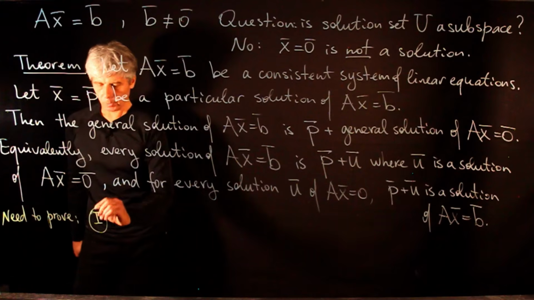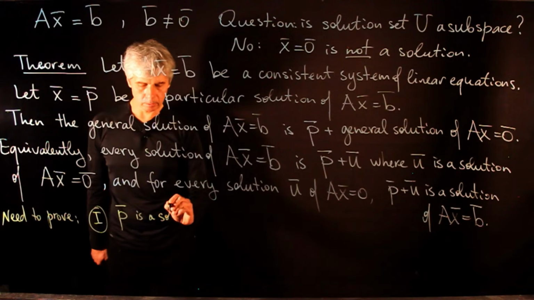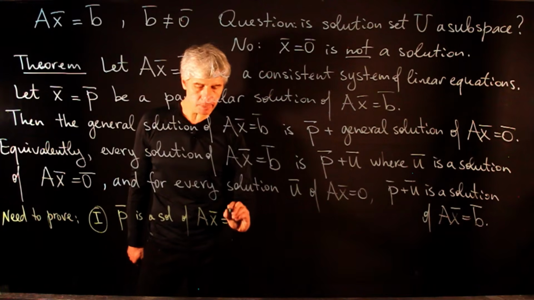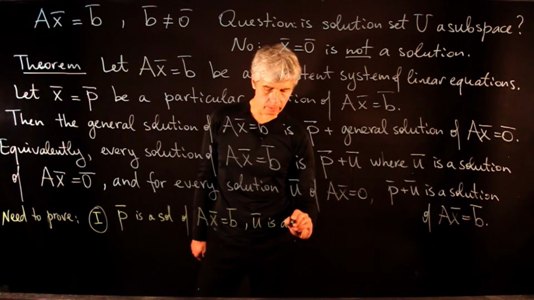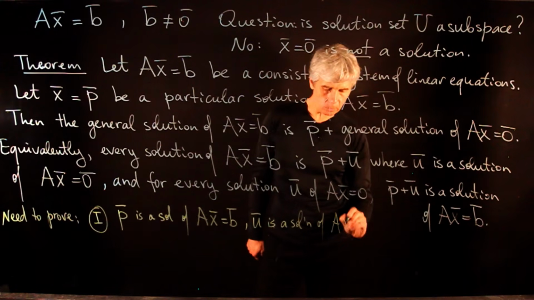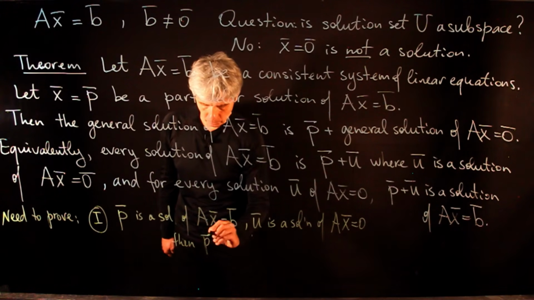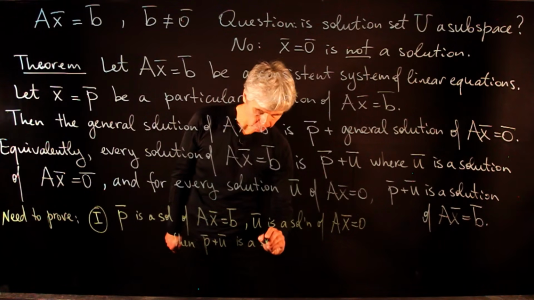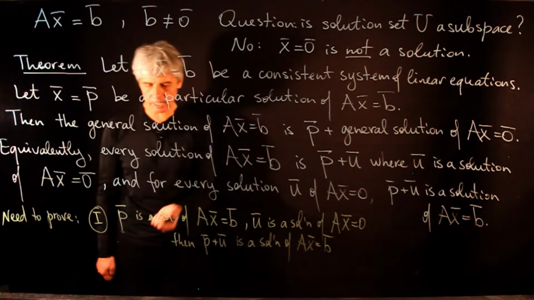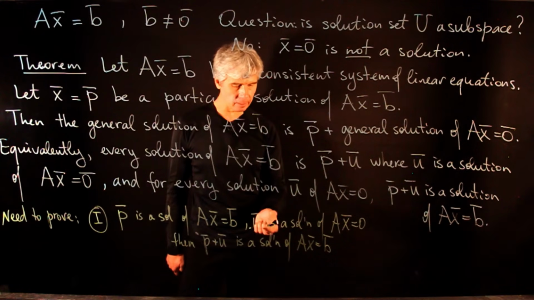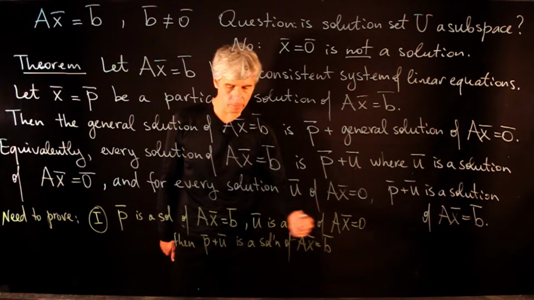The first thing we need to show is that if P is a solution of AX equals B, and U is a solution of AX equals 0, then P plus U is a solution of AX equals B. So this means that if we have one solution of a non-homogeneous system and another solution of a homogeneous system, then their sum is a solution of a non-homogeneous system.